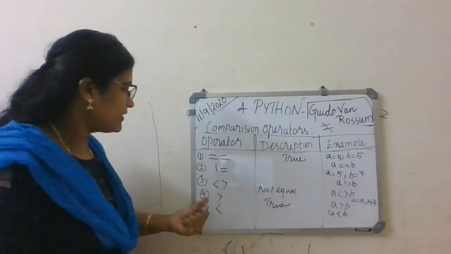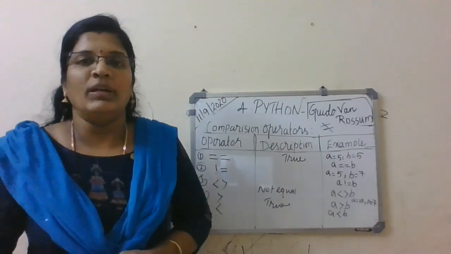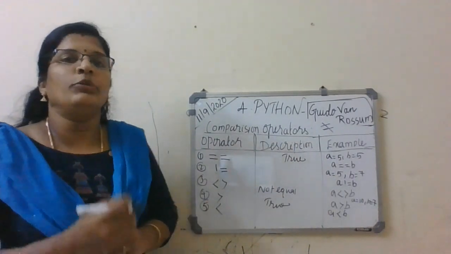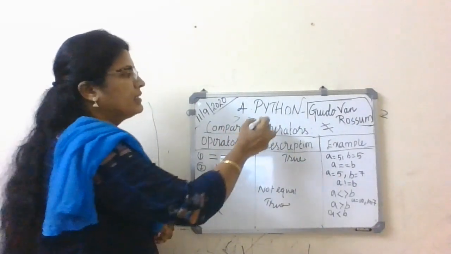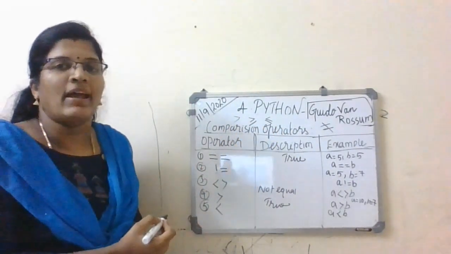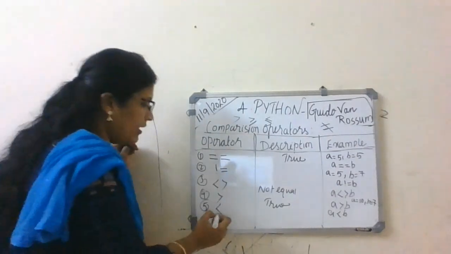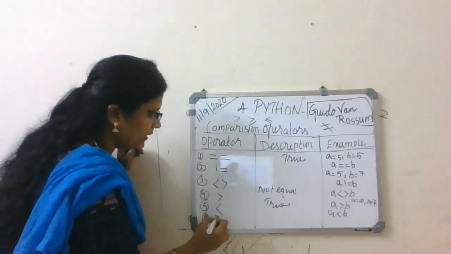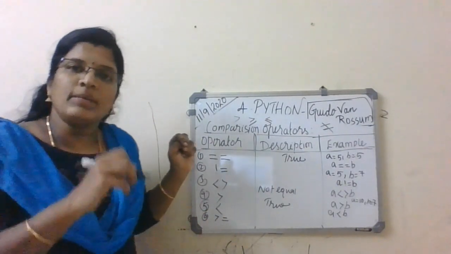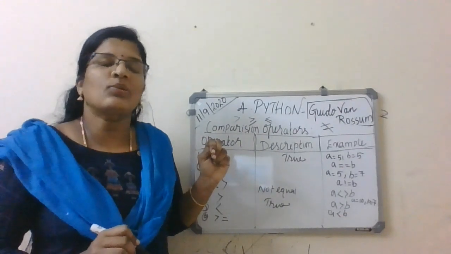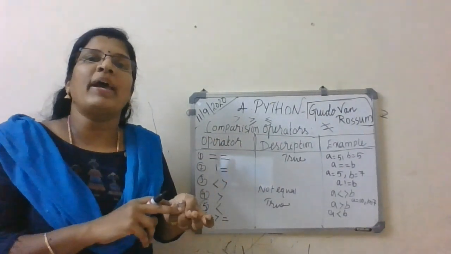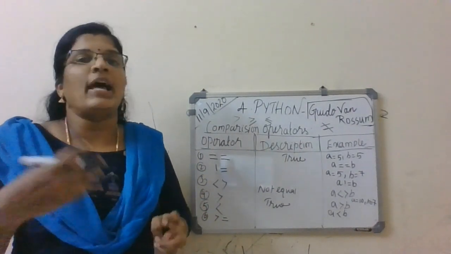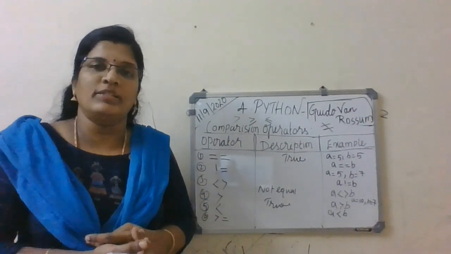Then the next one, greater than or equal to. In maths, we write greater than like this, greater than or equal to like this, less than or equal to like this. But here in the computer, greater than or equal to is the greater symbol followed by the equal to symbol. If you compare two values and the comparison holds, the answer becomes true, otherwise false.